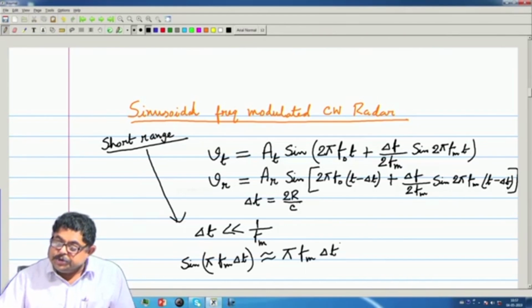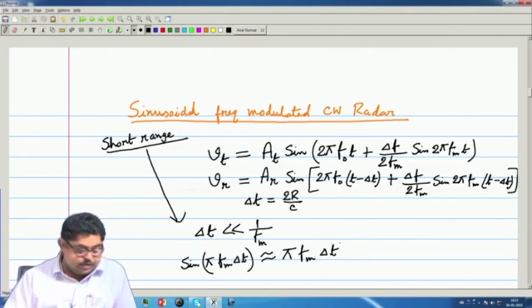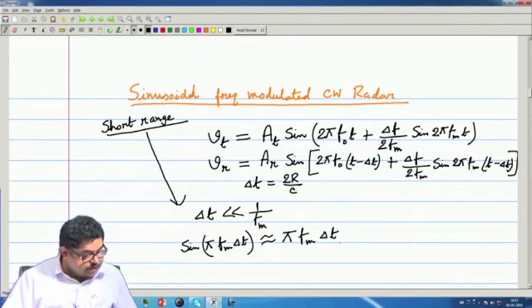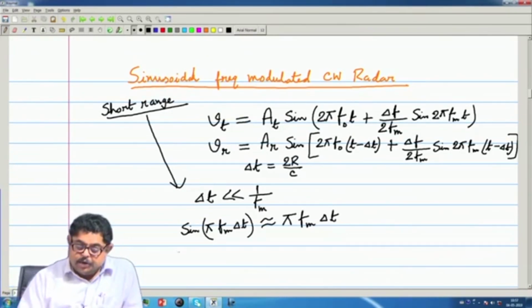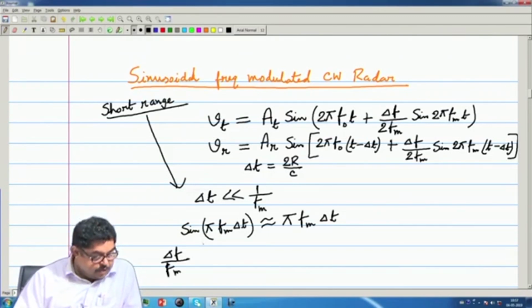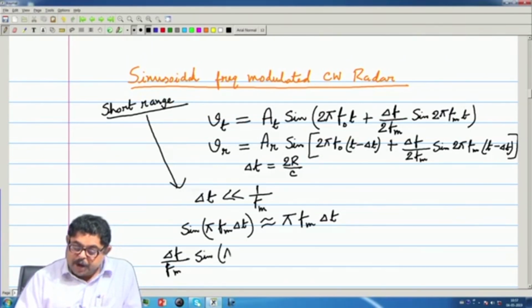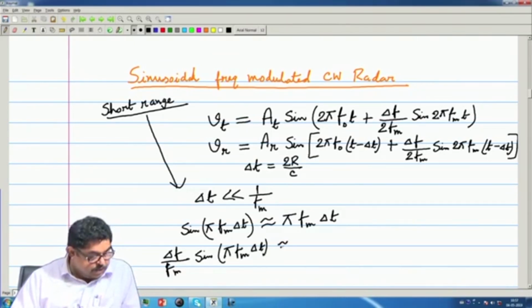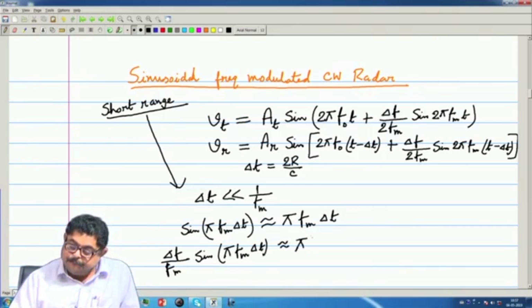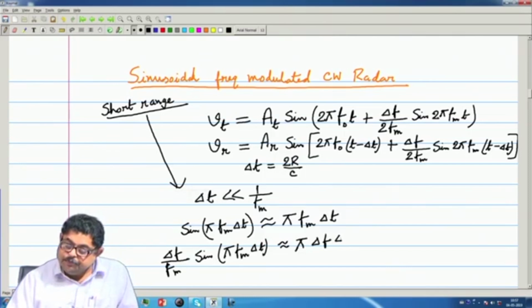So, the expression delta f by 2 f_m, what will happen to it? Can I write now delta f by f_m, then sine of pi f_m delta t, that will be pi delta f delta t.